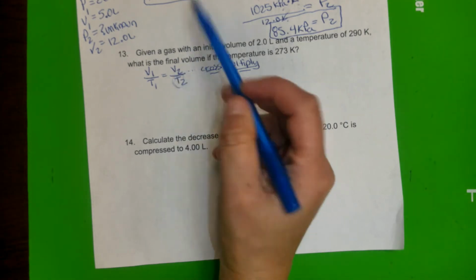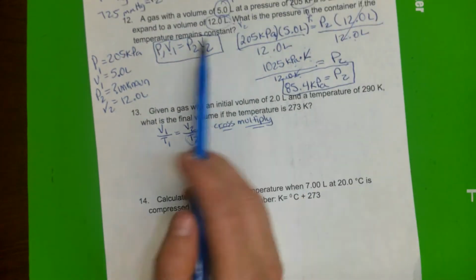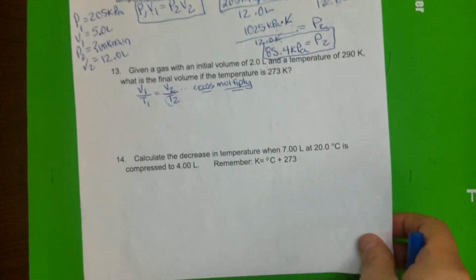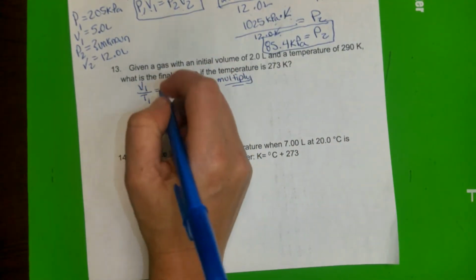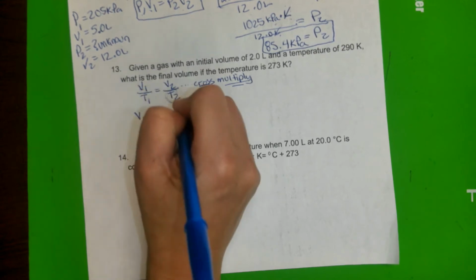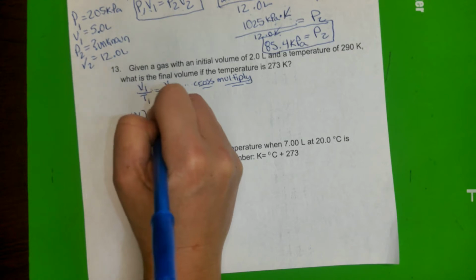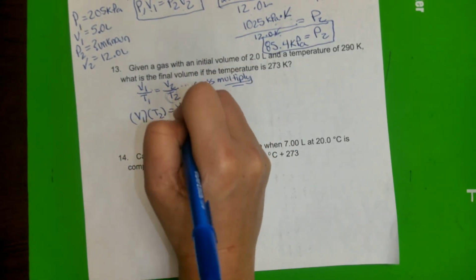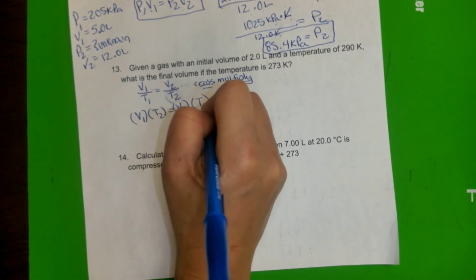We want to make it easier for us by setting up this way, and by doing it that way, we have to cross multiply. So that means we got to reset our equation to V1 times T2 will equal V2, times T1.